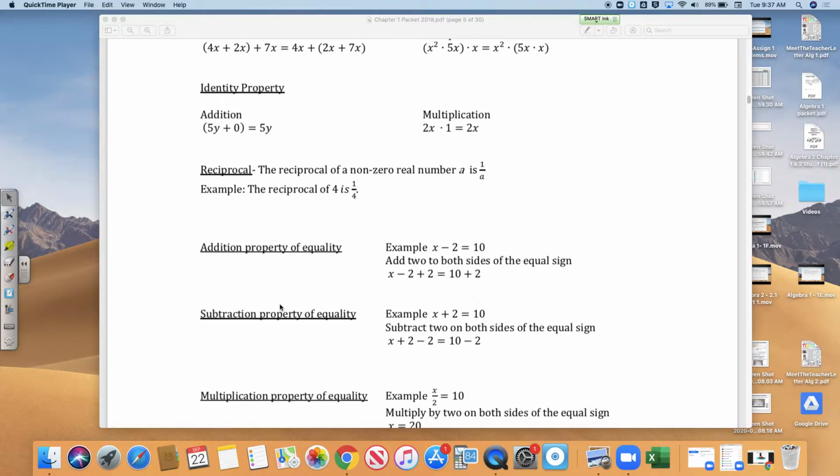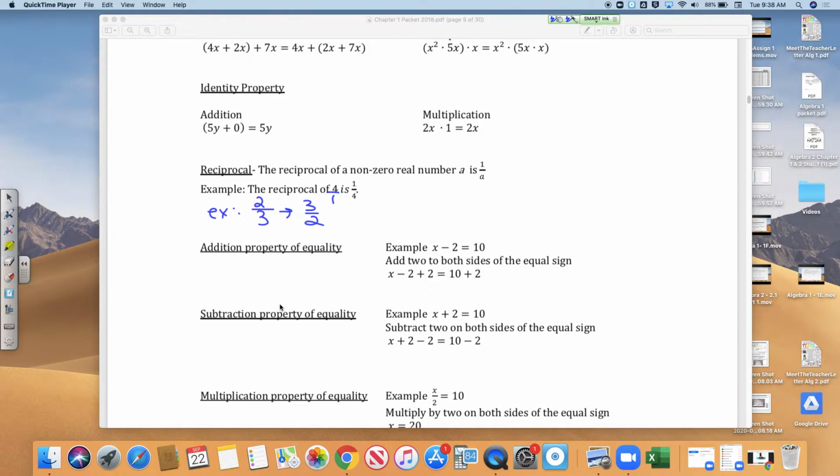So the reciprocal of 4 is 1/4. For every whole number, there's an invisible 1 underneath. So if you have a whole number like 4, there is an invisible 1 here. So that's when you flip it upside down, that's where the 1 comes from. But if we have another example like 2/3, the reciprocal of 2/3 is 3 over 2 because you just flip it upside down. That's what a reciprocal does.